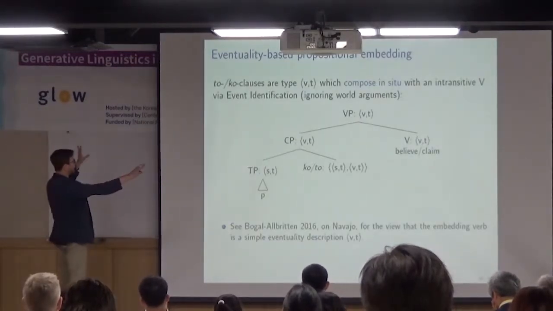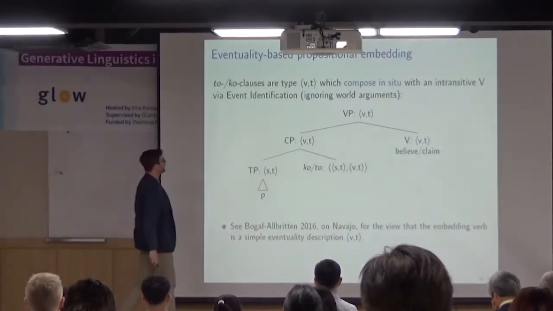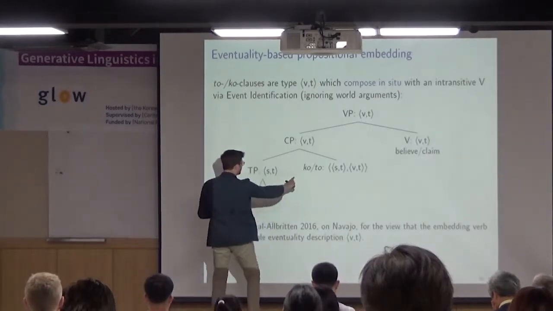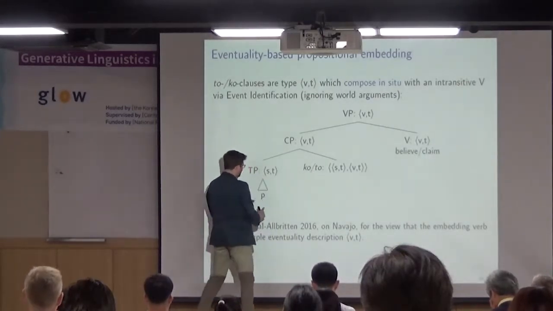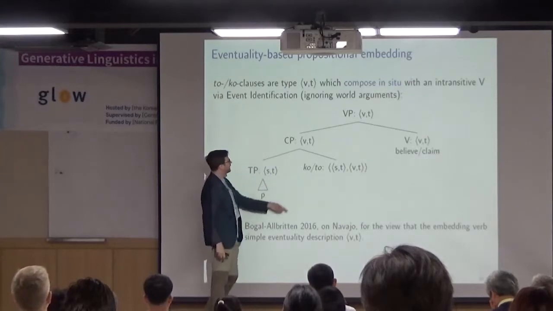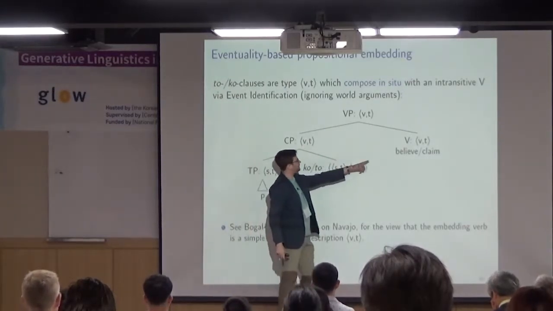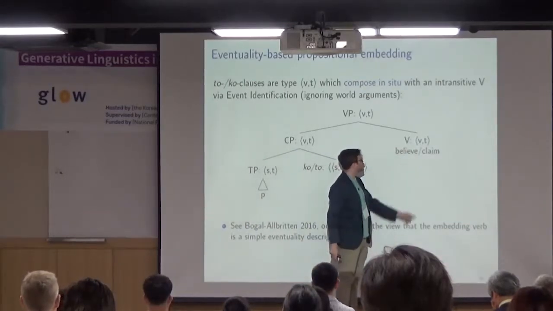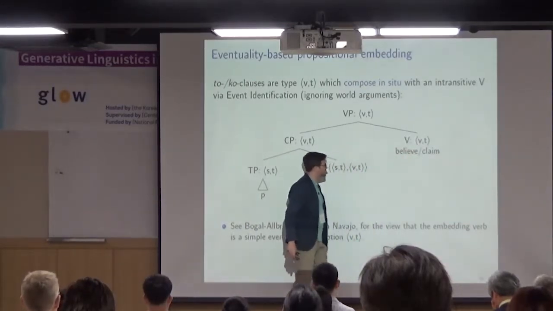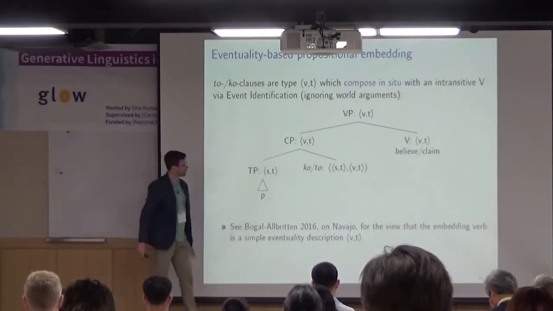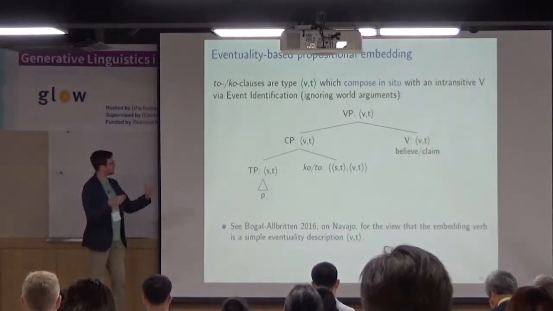Okay, so here's how the compositions work. The ko clause, the ko and the to, they just suck up a proposition, and then they give you a predicate of eventualities, and then that predicate of eventualities combines with the verb, which here I treat as just an intransitive verb. Elizabeth Bogle-Albritton has argued extensively for this view from Navajo, for instance.